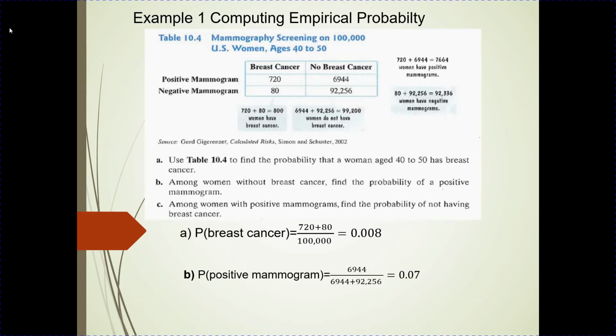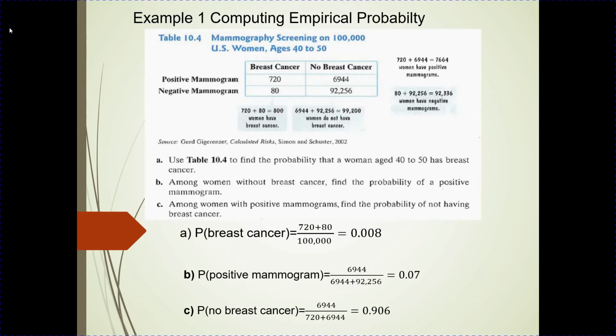Then from this total, we are going to choose the one with no breast cancer. The one with no breast cancer is 6,944. So you will take the ratio of these two, so it will be around 0.906. So this is a good example of computing empirical probability.